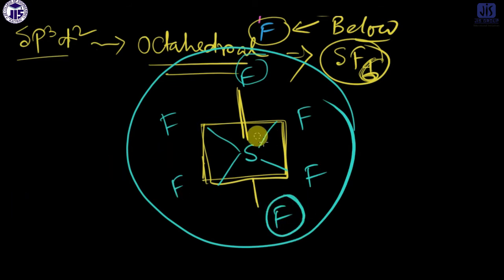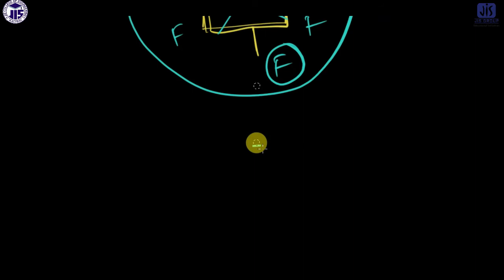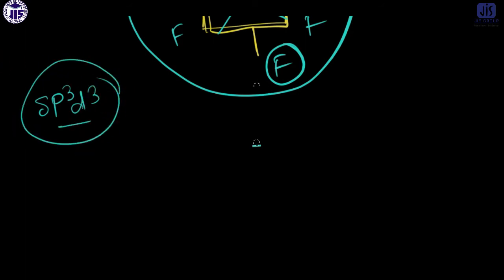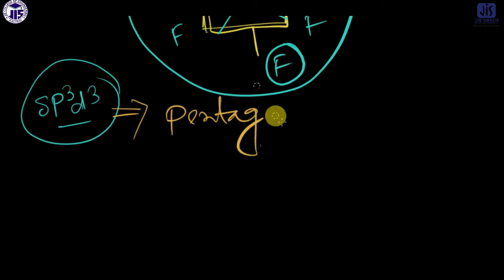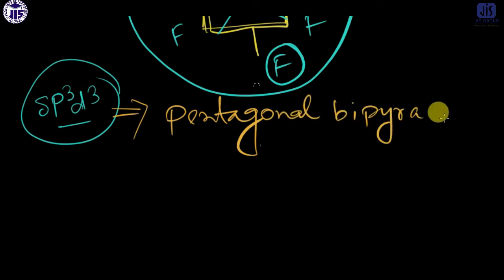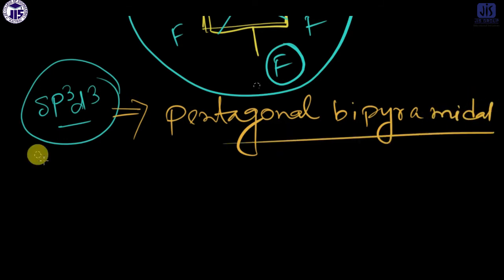And the next one is sp3d3. The name of the structure here is called pentagonal bipyramidal, and it looks like a pentagon almost. In this pentagon there will be one upside atom and another downside atom.